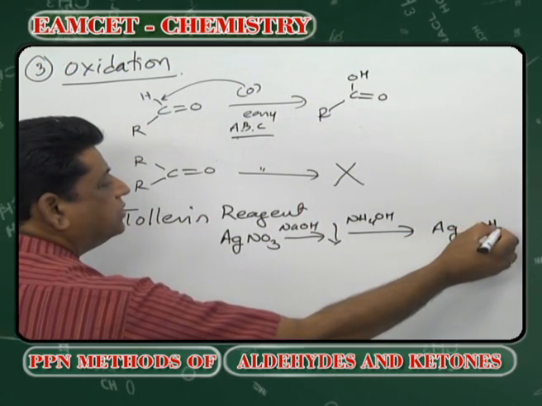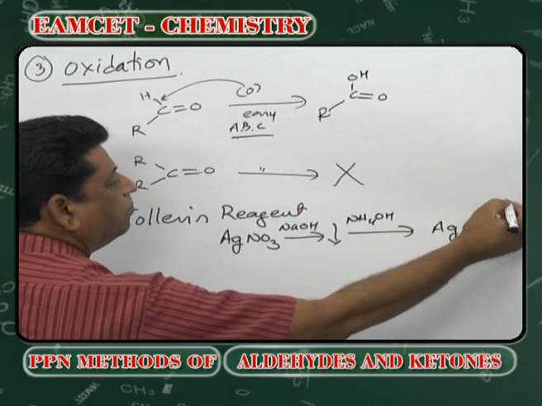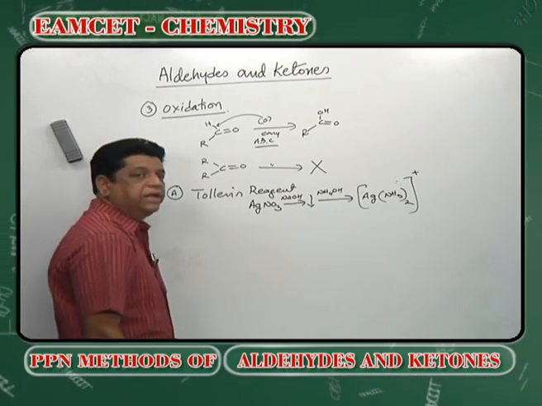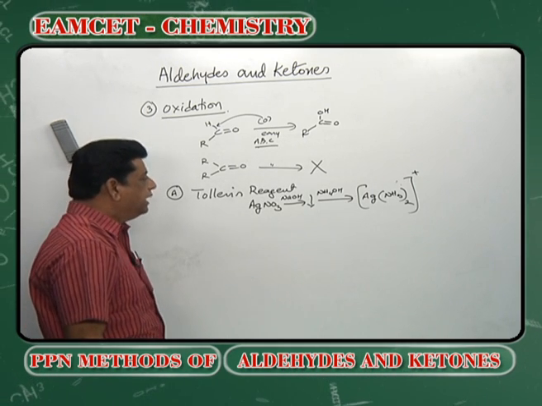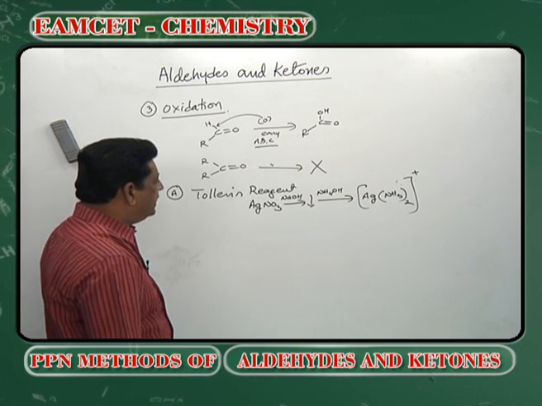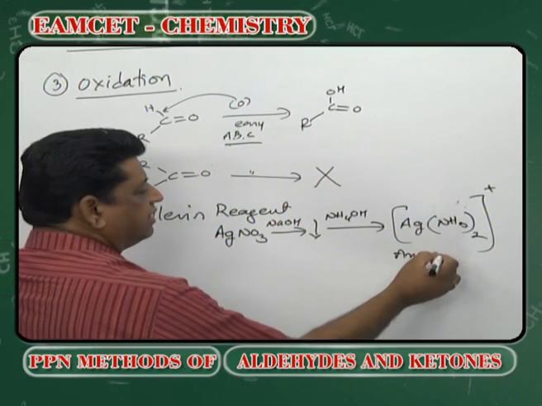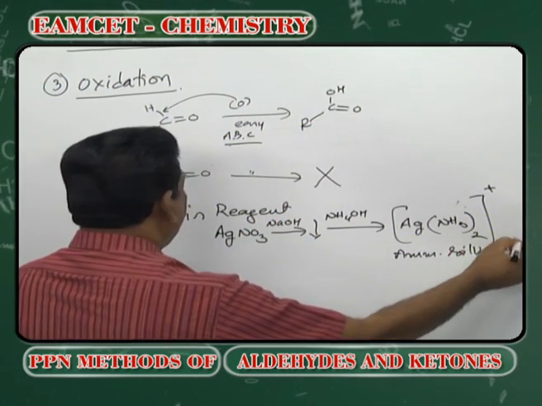Silver is complexed with ammonia, a silver-ammine complex is formed, which is a clear solution known as Tollens reagent, ammoniacal silver nitrate.